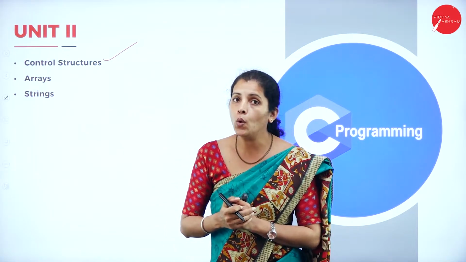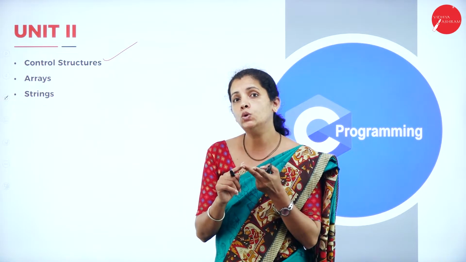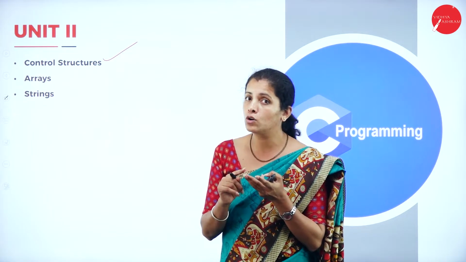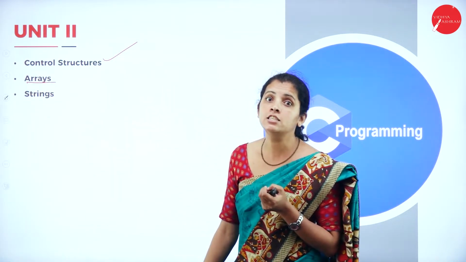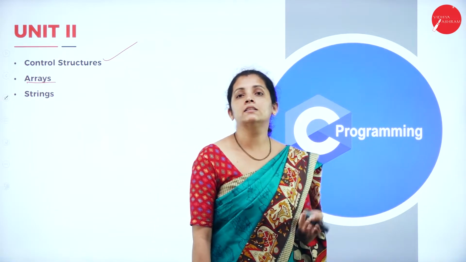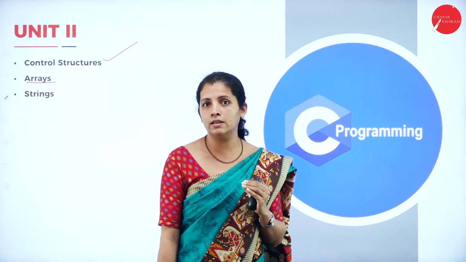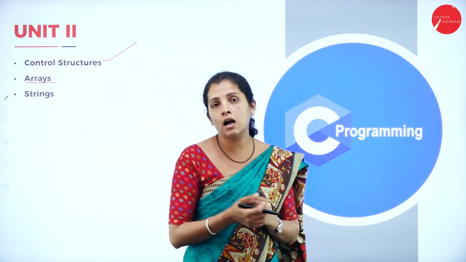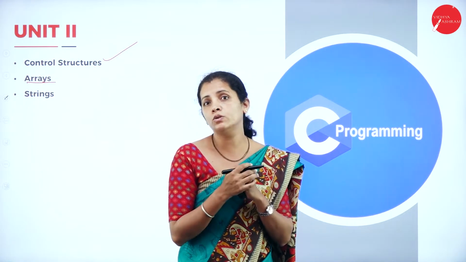And if I go with iteration, then I'm going to have while, do while, as well as for loop. Along with that, I'm going to have my next chapter, that is array. So what is this array? It is nothing but a collection of homogeneous elements, and all the elements are grouped under the same name. How am I going to group?